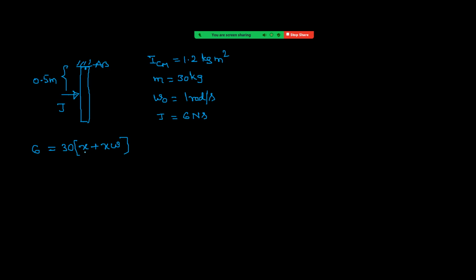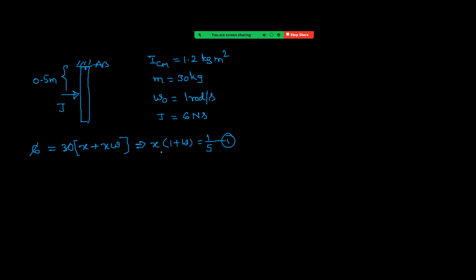After collision the direction of velocity of the center of mass is reversed, that's why we have taken plus here. So 6 equals 30 times, that means x into (1 plus omega) equals 1 by 5. Take it as equation 1.